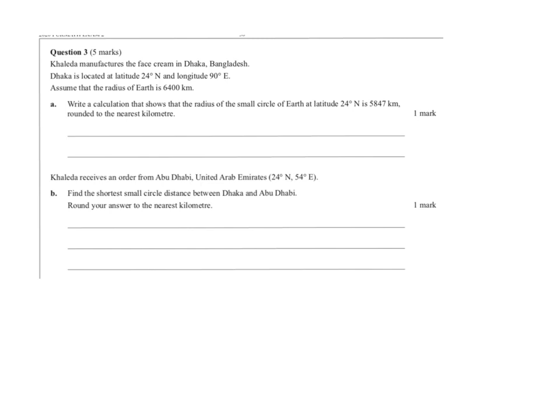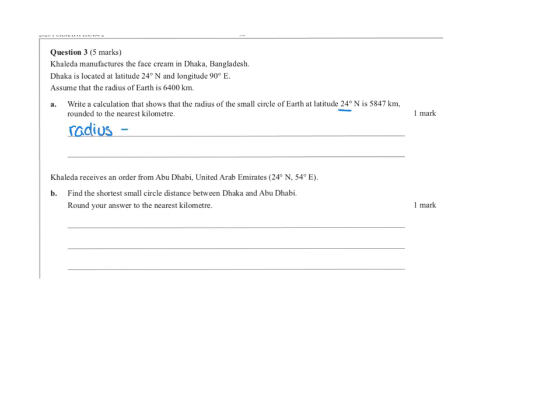Khalida manufactures a face cream in Dhaka, Bangladesh. Dhaka is located at 24 north and a longitude of 90 east. Assume the radius of the earth is as given. Write calculations to show the radius of the small circle of the earth at latitude 24. So you just have to find the radius. We wrote that formula out before.